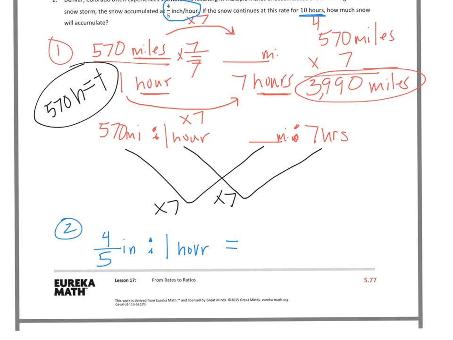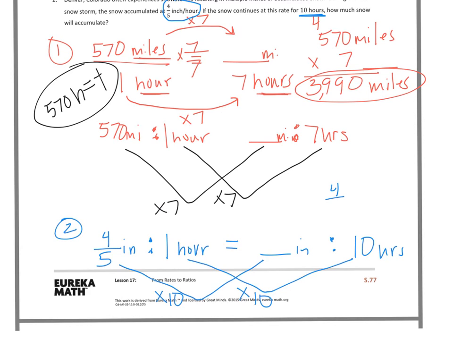I'm going to put my equal sign in. And I need to know how many inches for 10 hours. So I can look at this and say, how do I get from 1 to 10? That's times 10. So I'd have to do 4/5 times 10. And I can show that off to the side.